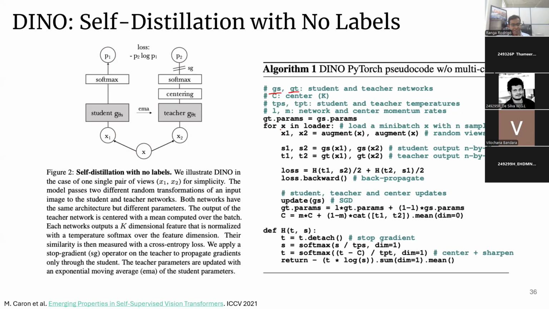You have an image x and you augment it, and you produce x1 and x2. You send them to the student and produce s1 and s2. Send them to the teacher and produce t1 and t2. And you produce a loss, the cross entropy loss of t1 and s2, and t2 and s1, and then backpropagate only to the student.